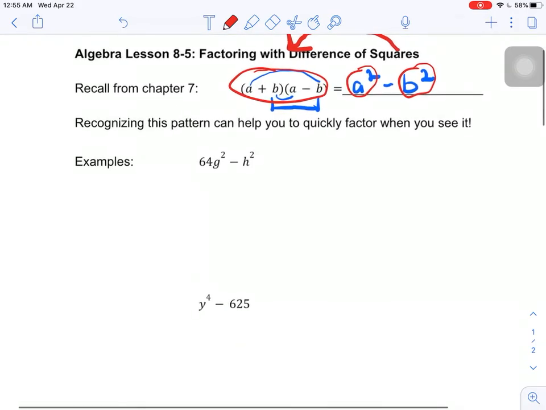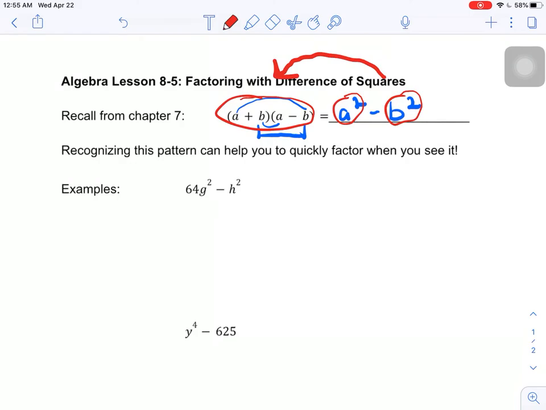A simple example of that is our first example problem. If we look, both of these are things that have been squared, because h squared breaks down into h times h, and 64g squared breaks down into 8g times 8g. So those are both what we call perfect squares. They're things that we can square root and get a nice, easy to work with answer.